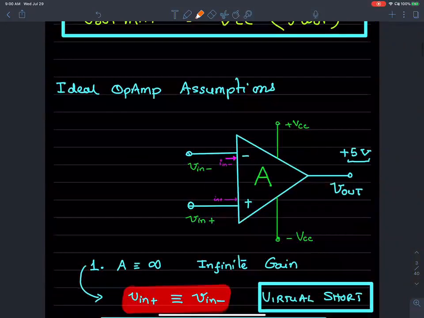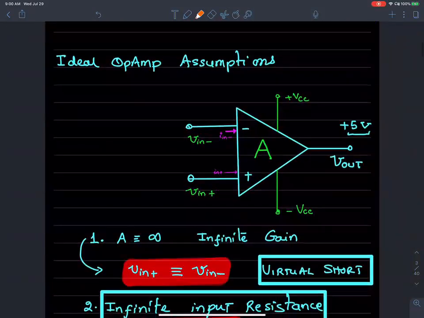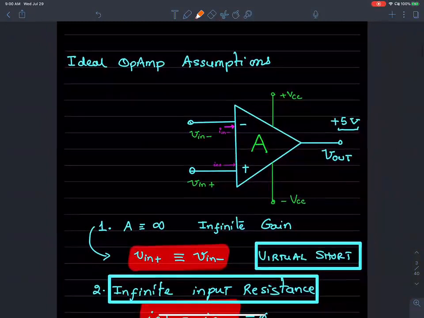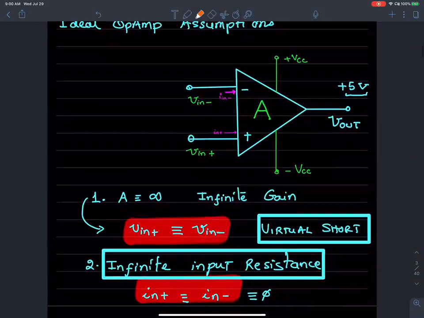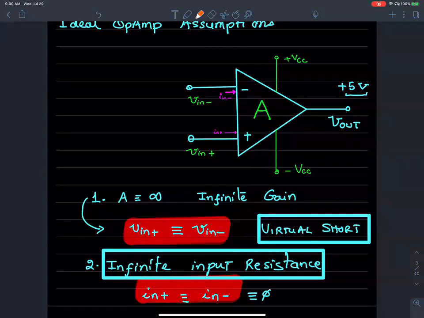Okay, and then we went on to talking about ideal OpAmp assumptions. Two OpAmp assumptions, and we'll come back to using them over and over again. The first one is called the idea of a virtual short, which dictates that the voltage at the positive terminal is exactly the same as the voltage at the negative terminal.